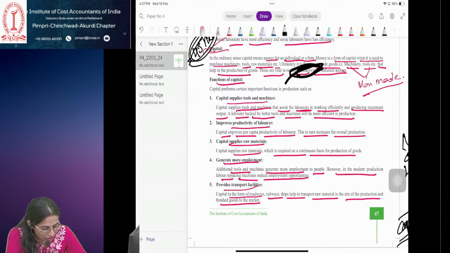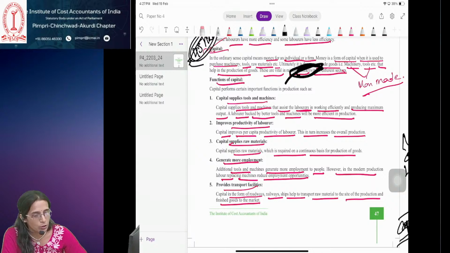Additional tools and machines generate more employment for people. However, in modern production, machines replacing labor reduce employment opportunities, right? Now what has happened? Everywhere the process is getting automated. People are being replaced by machines, robots, right? Because of this technology-driven market, people are getting replaced by robots, by machinery.